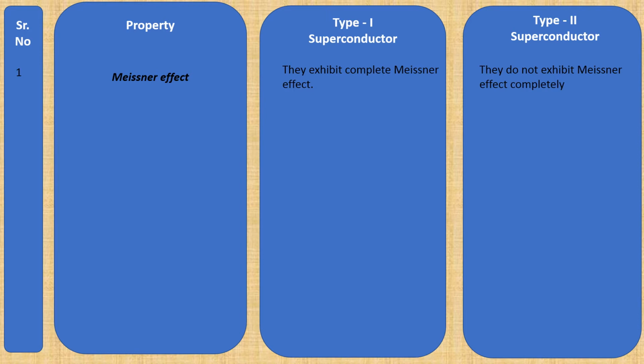In some region, some part, a type 2 superconductor exhibits the Meissner effect, but after that fraction we could not observe the Meissner effect completely.